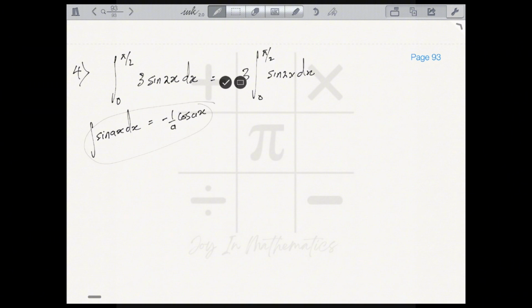Therefore, when we integrate sine 2x and our a is 2 in this case, we will have -1 over 2 cos 2x. We are integrating from limit of 0 to pi over 2. Now the upper limit is pi over 2, the lower limit is 0.